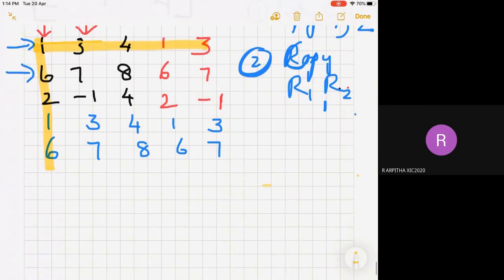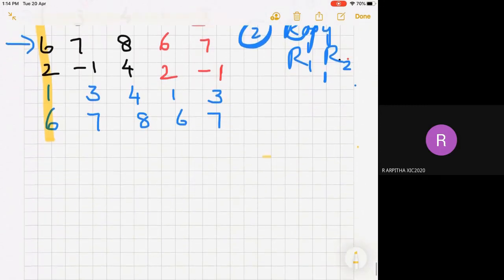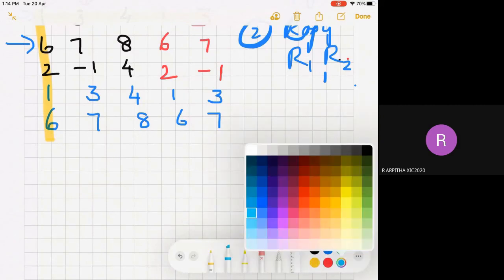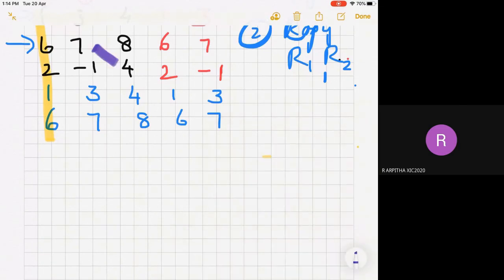Now, without looking here and there, in serial order, you will multiply. Here you will get 7 into 4, 28, minus 1 into 8.